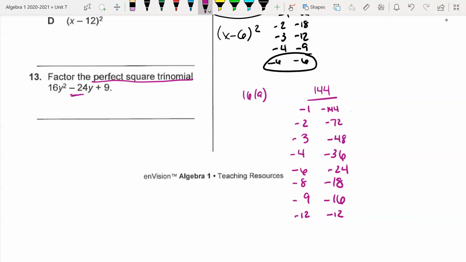So I listed out all the factors of 144. If you notice, negative 12 and negative 12 add up to that negative 24 in the middle.